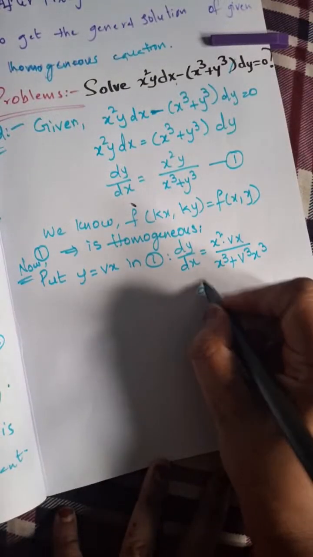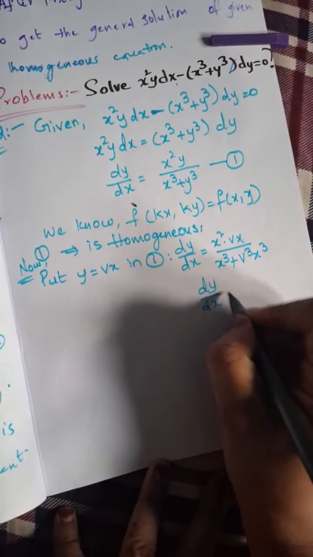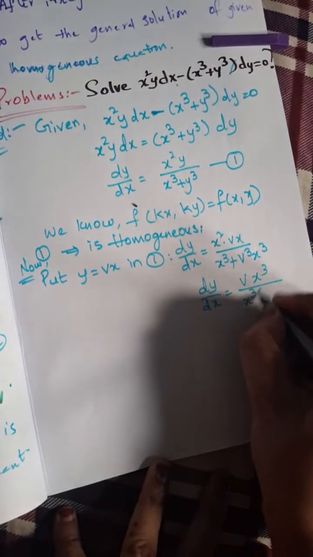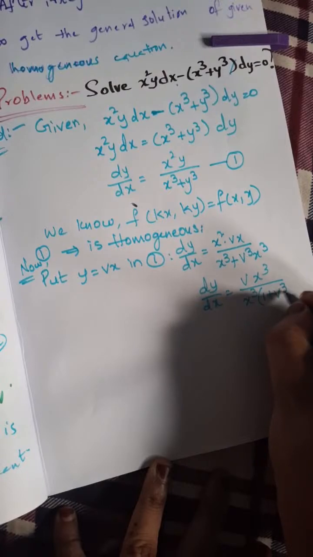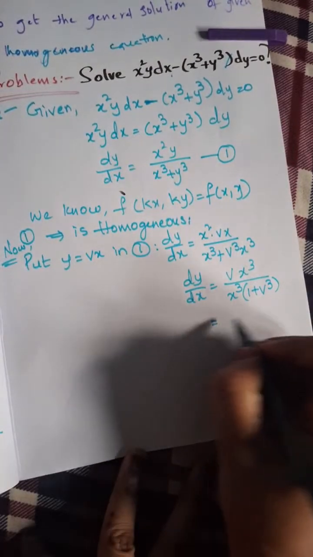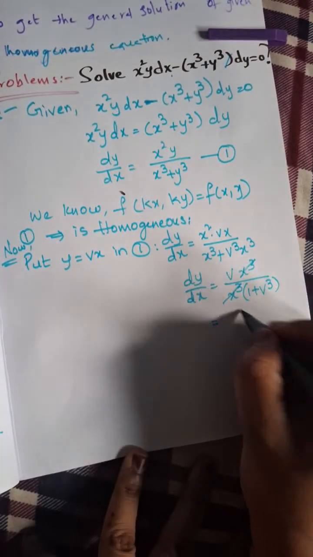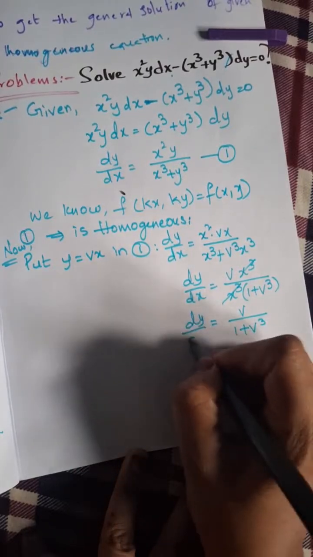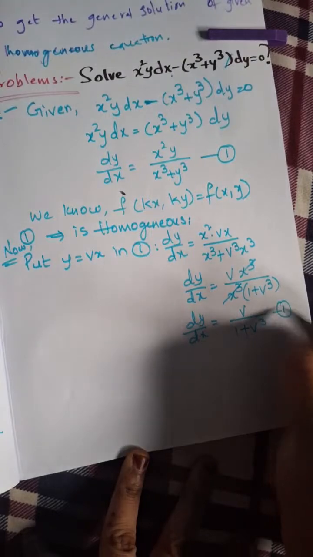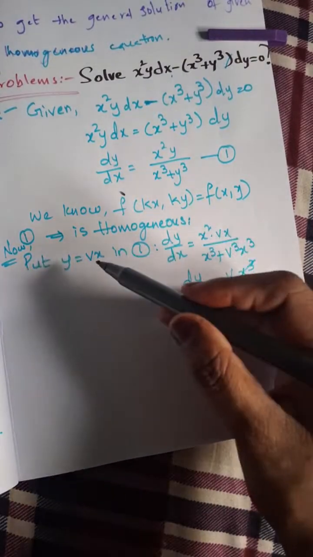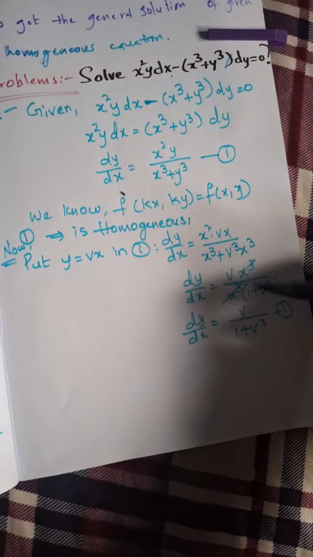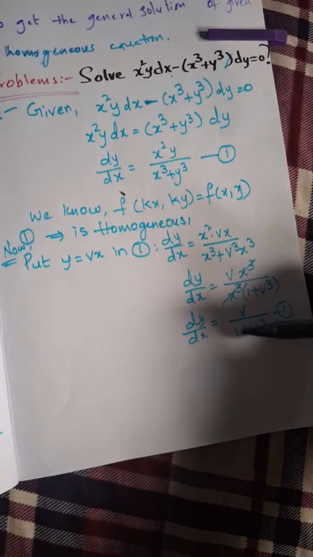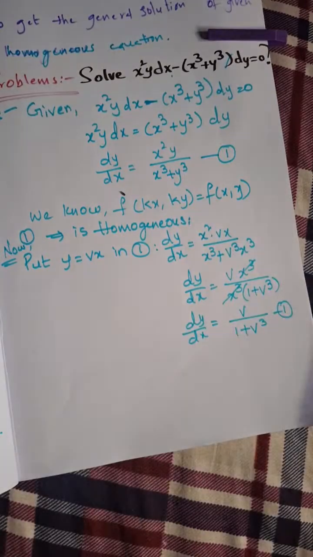Okay, so dy by dx equal to v x cube by x cube, taking common, 1 plus v cube we get. Now x cube cancels, v by 1 plus v cube. This is the first equation. By applying y equal to vx, we have replaced y with vx here. So we get dy by dx equal to v by 1 plus v cube.